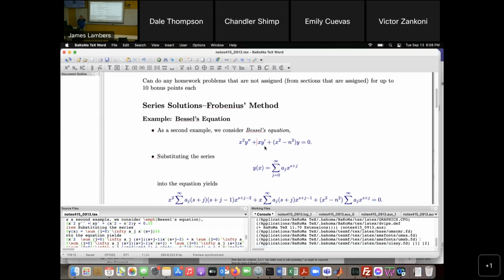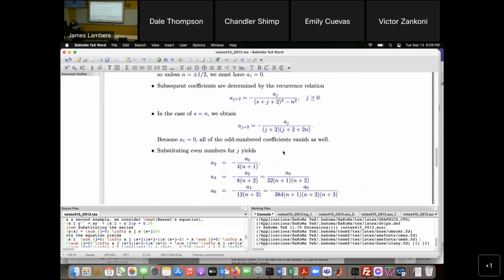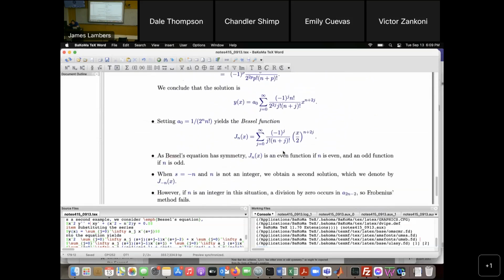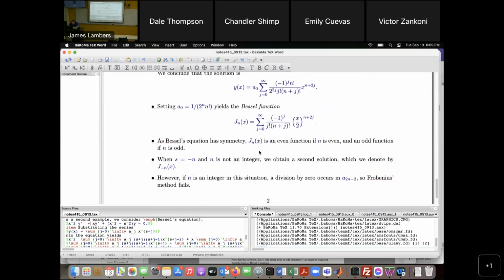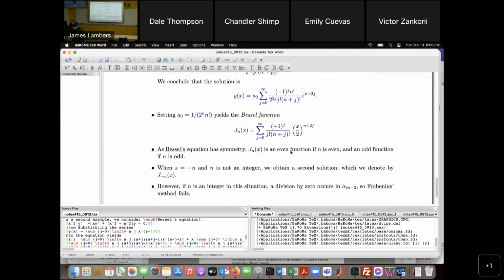So in that case, we end up having symmetry with respect to x. That explains why we have solutions that have symmetry.